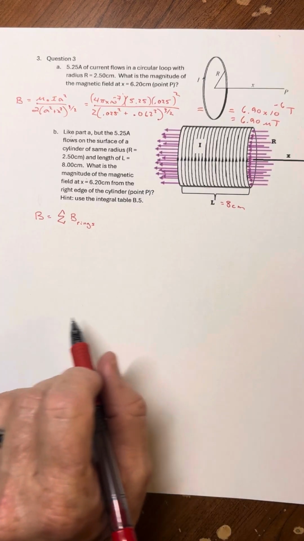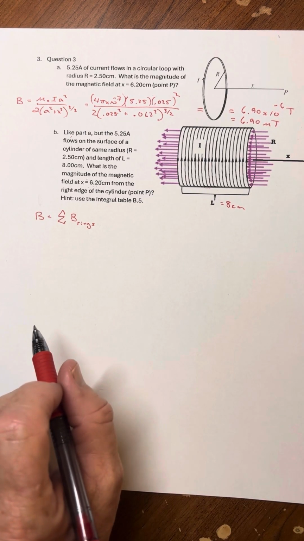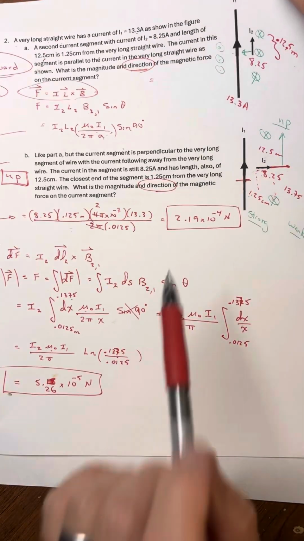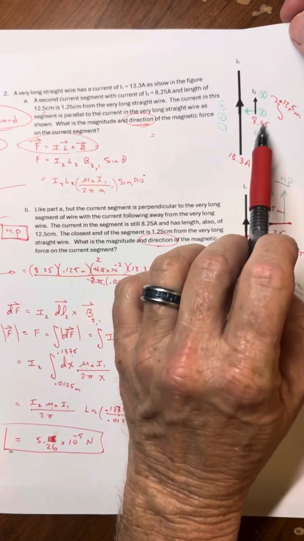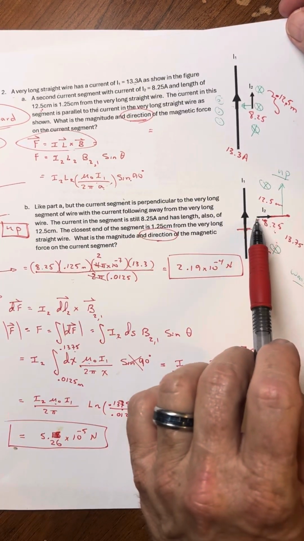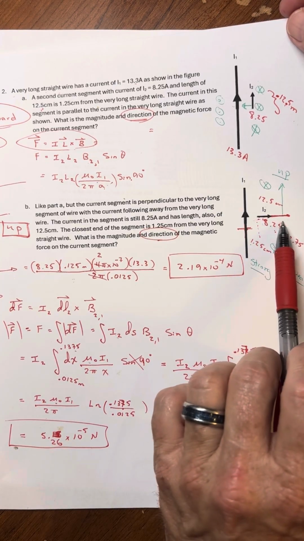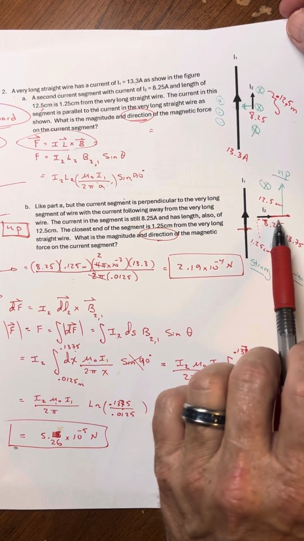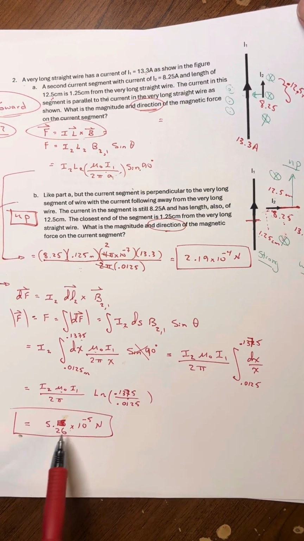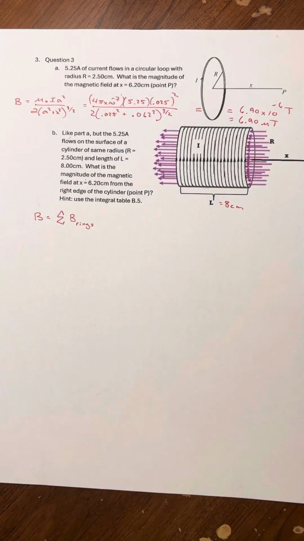Kind of like what happened back in the previous problem, part B. We expected the force to be quite a bit less, because in A all the microscopic pieces were close to the wire, and in B each microscopic piece gets further away where the field gets weaker, and so most of it is further away at a weaker field and therefore less force compared to A. And sure enough, the force at B was much less than the force at A. So same thing here.